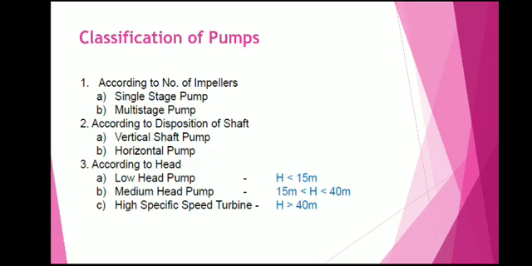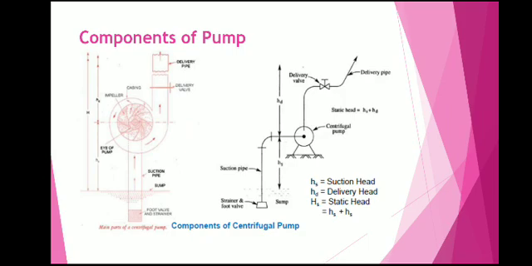Then the third classification is according to the head. Low head is less than 15 meters, medium head is 15 to 40 meters, and more than 40 meters is known as high head.